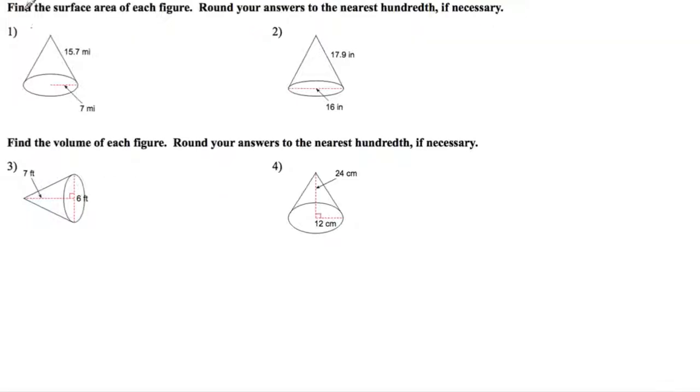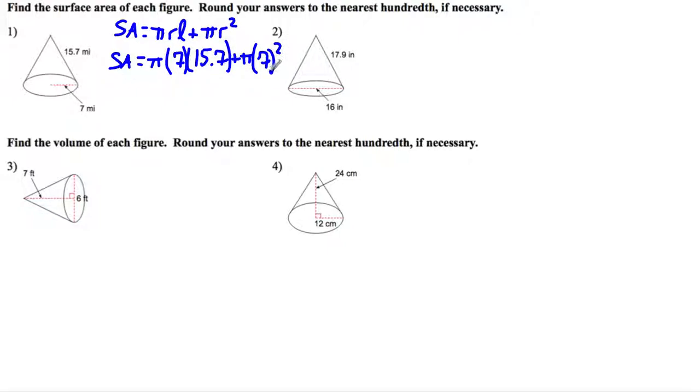So let's get some example problems in, and let's start by looking at the surface area. So the surface area, again, is going to be pi r L plus pi r squared. So the surface area is going to be pi times the radius, which is 7, times the length, which is 15.7, plus pi times the radius again, except squared.